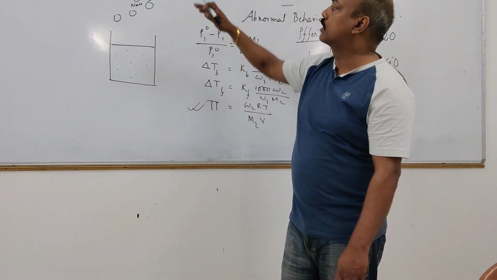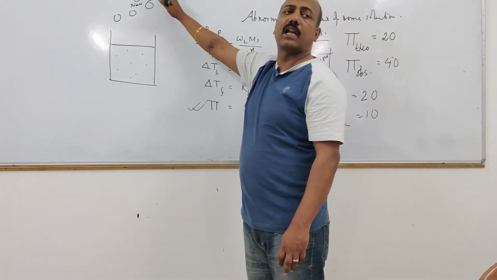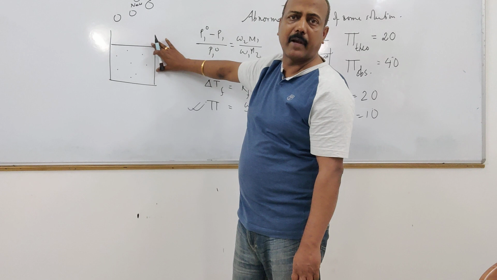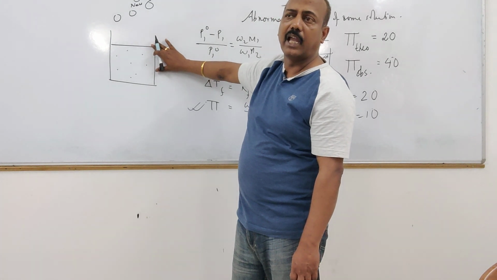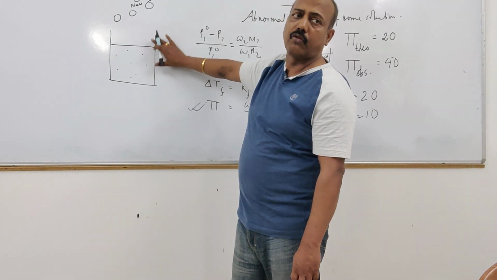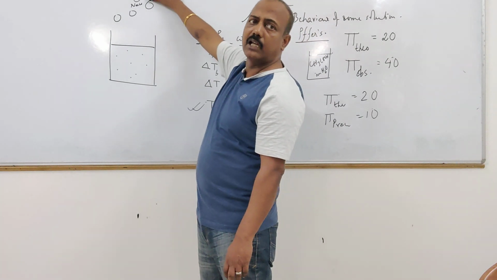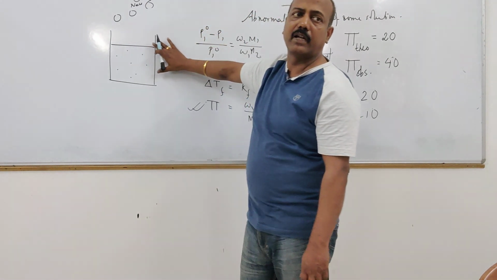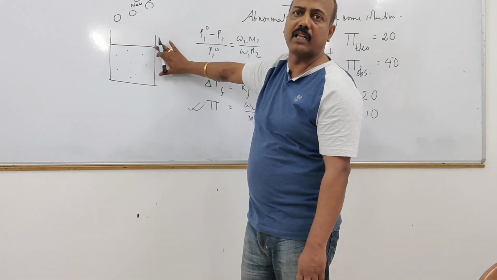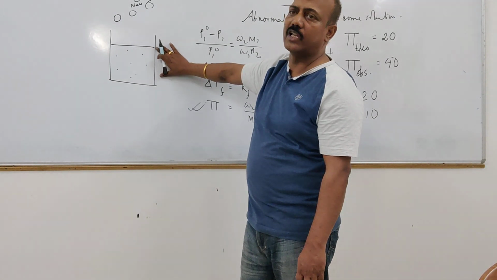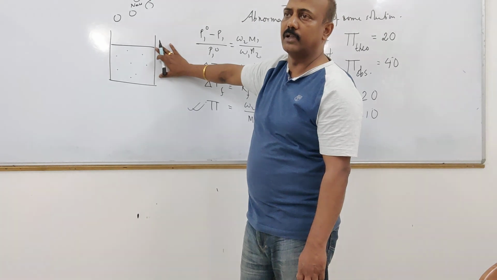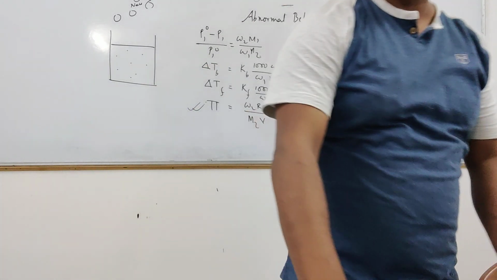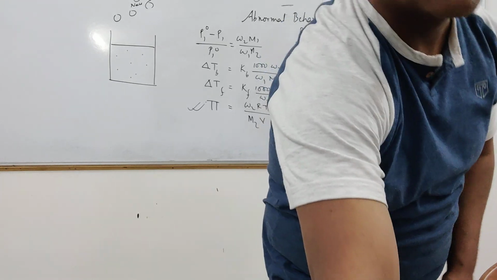So theoretically you are thinking that there are 4 particles. But in actual practice, how many particles are there? 8 particles are there. So when we calculate theoretically, we calculate for 4 particles, but when we measure practically, we are measuring for 8 particles. Obviously, the value will be doubled, because the colligative properties depend on what?